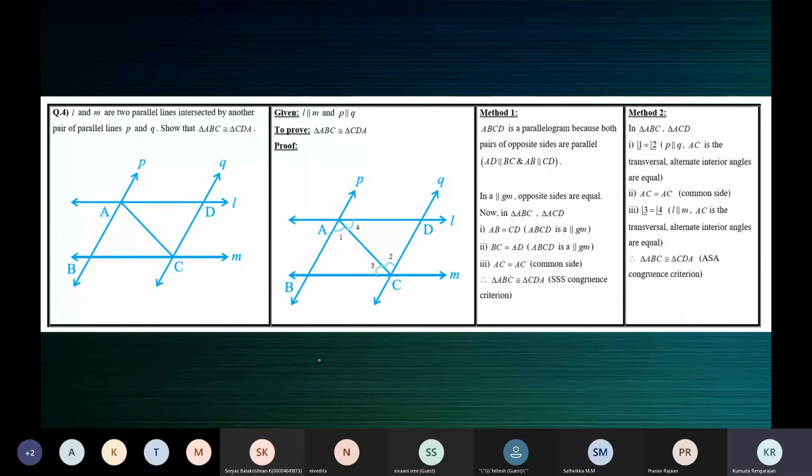Children, if you're not able to share your picture, let me know. At least I'll ask one of you to read it out. Shivani, you can read out your proof, I said.